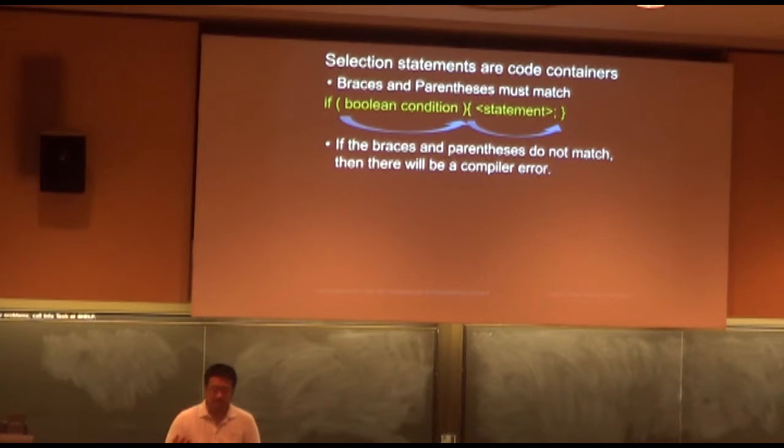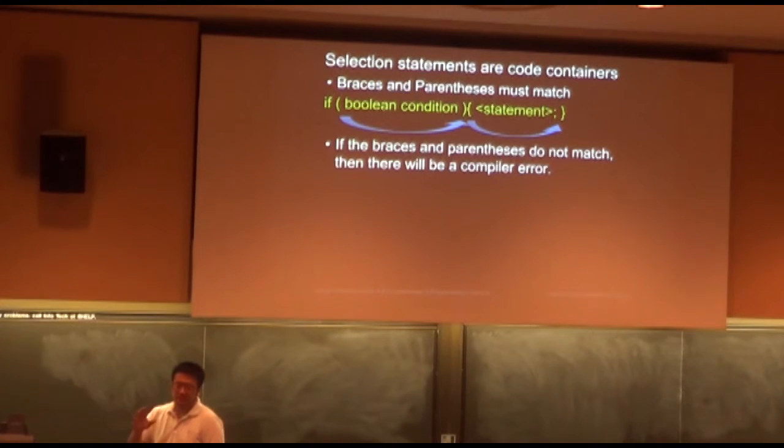We've learned about two code containers so far: classes and the main method. The main method is nested inside a class that you make, and they both hold code. This is the first custom code container that you will be able to make, and that container is the curly braces here.